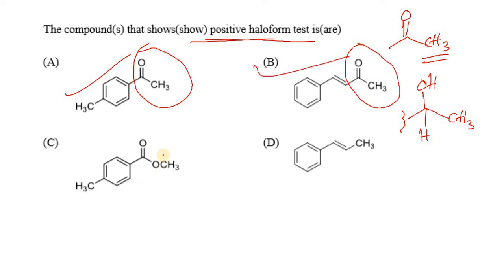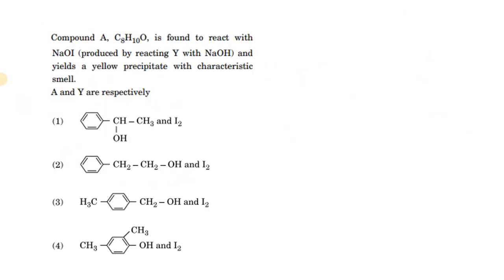This one is an ester, negative, and this one also negative. So A and B are positive towards haloform test.